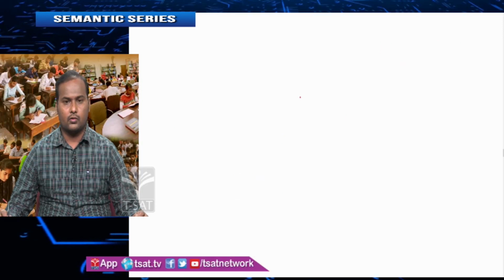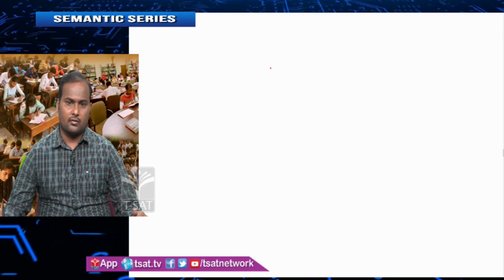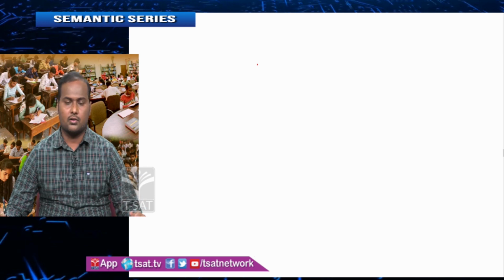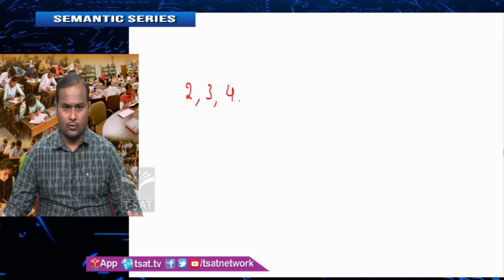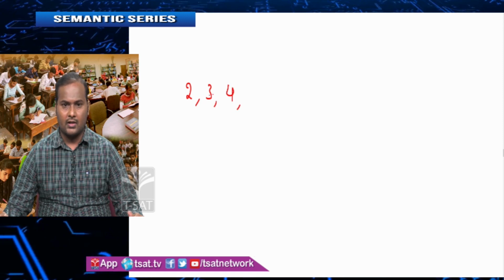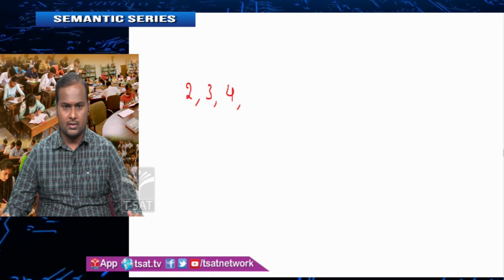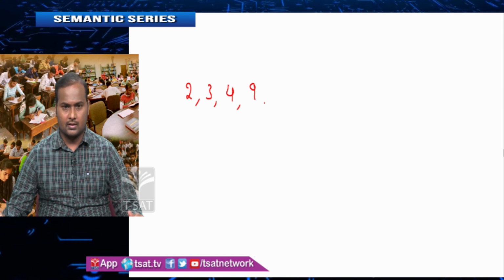Now we are going to discuss the question based on the Fibonacci series based upon addition of the last three numbers. For example, it is 2, 3, 4. The next one will be the addition, that is 4 plus 3 plus 2, so your answer is 9.